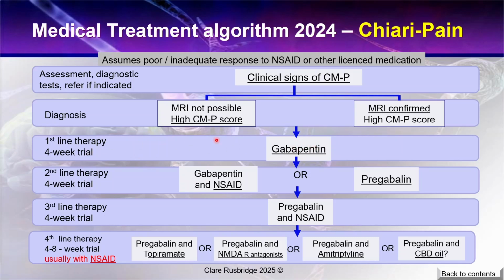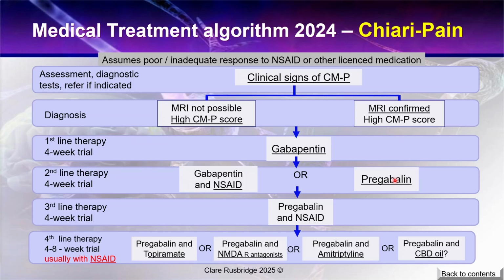If that is not effective, then our second line therapy may be to add gabapentin to a non-steroidal anti-inflammatory drug, or we may switch to pregabalin. Pregabalin is very similar to gabapentin. It also reduces the excitatory neurotransmitter of pain, glutamate, but pregabalin is more effective.